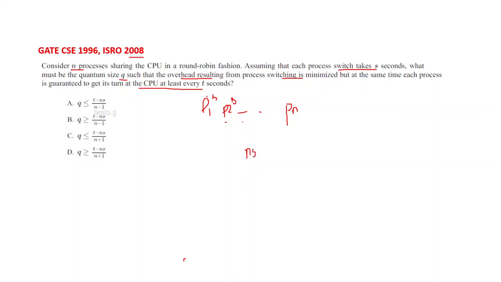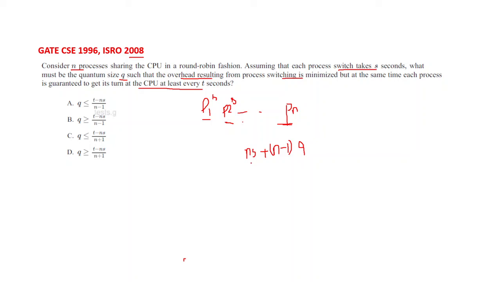Now let us see what is the minimum waiting time of P1. After P1, P2 to Pn will be processed, and after that P1 will start executing in round 2. So essentially n minus 1 processes will be executing after P1. So the waiting time of P1 in each round will be equal to n minus 1 into the time slice that is given, that is q.